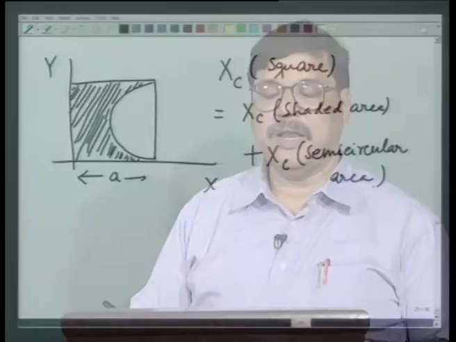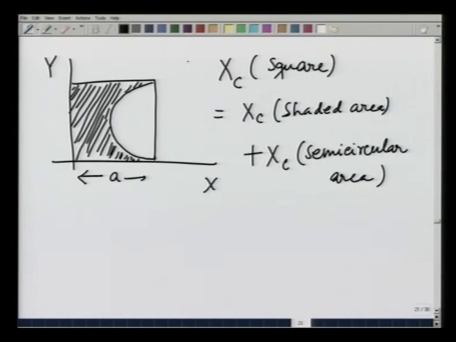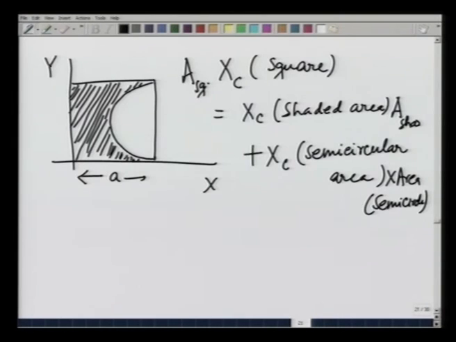Sorry for that. So, the area of the square times the centroid of the square is going to be equal to the area of the shaded area times the centroid of the shaded area plus the x c centroid of the semicircular area times the area of the semicircle.